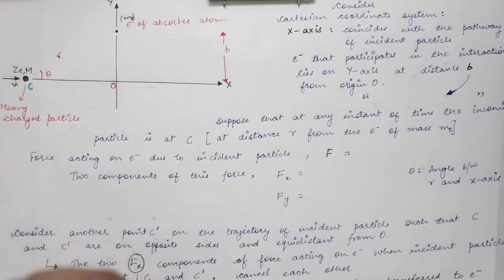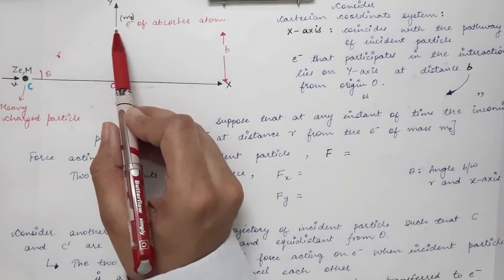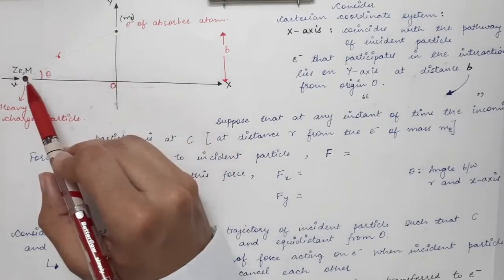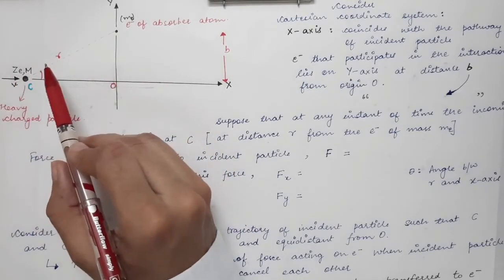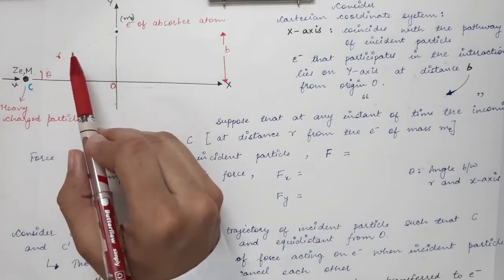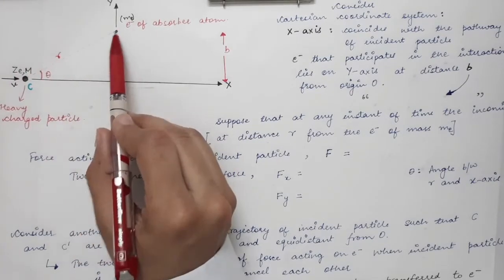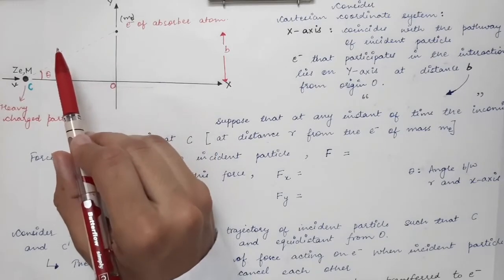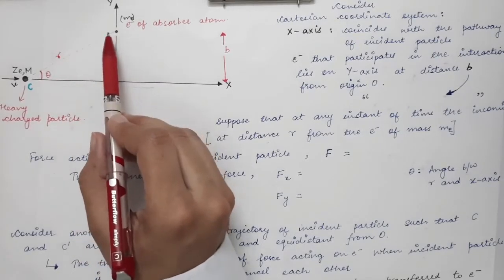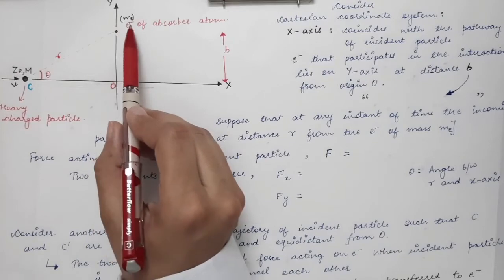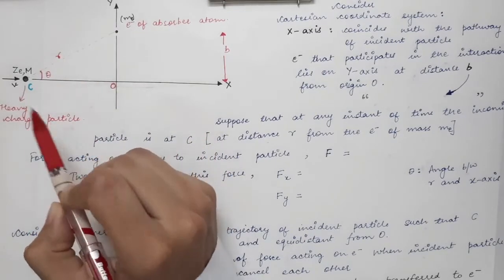So what will be the force acting on this electron by this heavy charged particle? We will use the Coulombic force expression, which is equal to 1 by 4 pi epsilon naught q1 into q2 divided by r square. That will give us the force applied on this electron by this heavy charged particle.